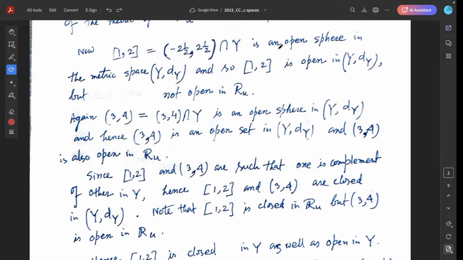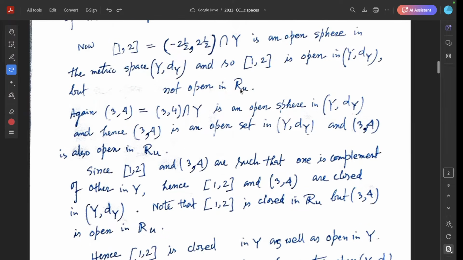These are complements, so obviously the open interval (3,4) is closed in (Y, d_Y). Again, the open interval (3,4) is open in the metric space (Y, d_Y), so obviously its complement, the closed interval [1,2], is closed.